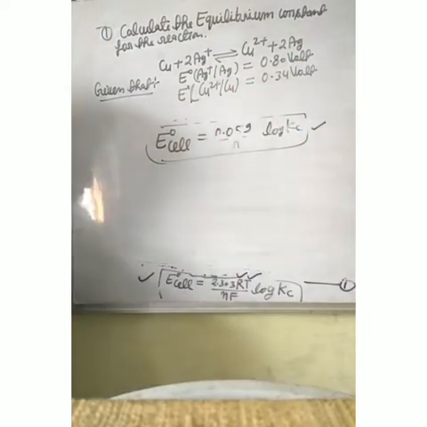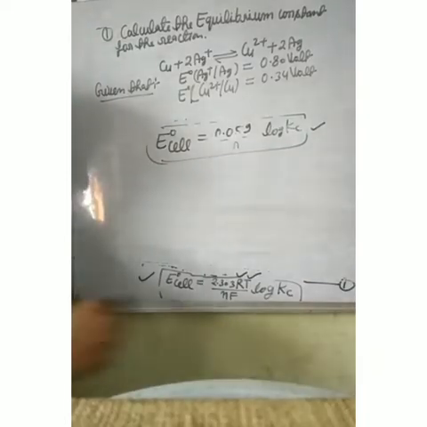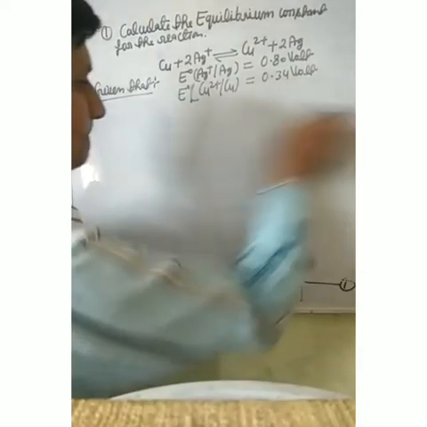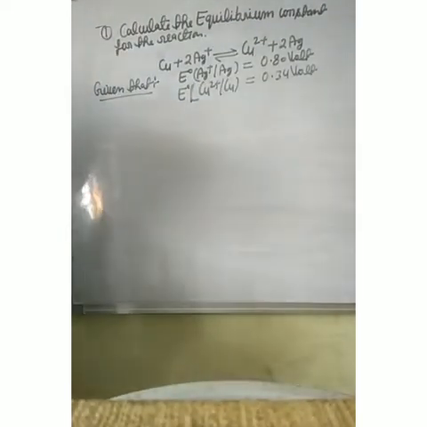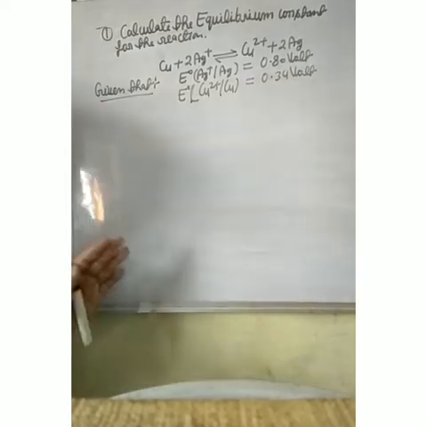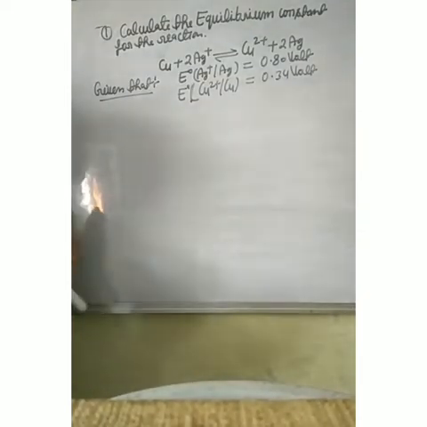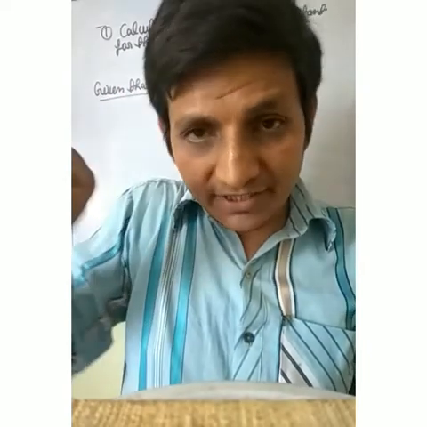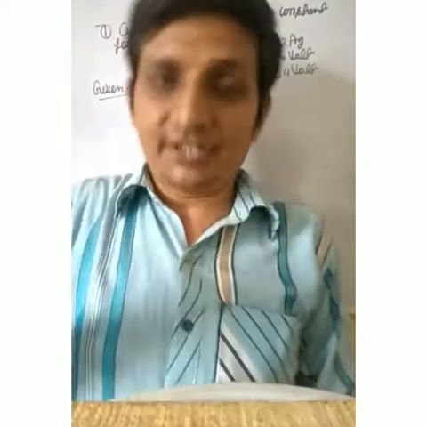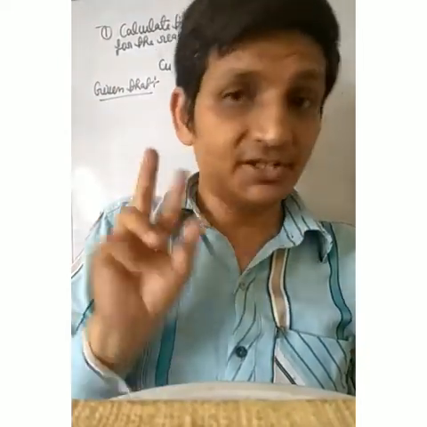Okay students, we have to solve this sum, so you have to use your brain. First you have to find out the oxidized substance and the reduced substance. When the oxidation number of an element increases, it is oxidation. You know this very well from the class 11 redox reaction chapter.